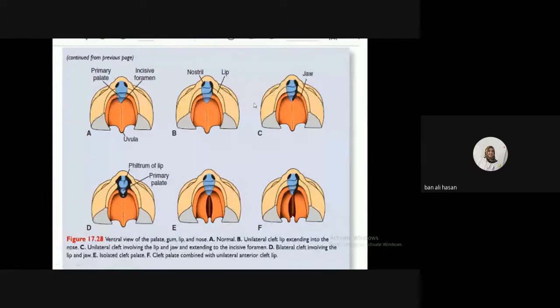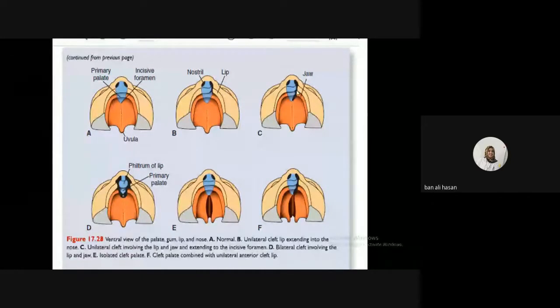The second case is also a unilateral case. As you see, it's on one side. First we say unilateral cleft, involving many parts: first you have the lip, you have the jaw, and you also have the palate. It is extending to the palate.